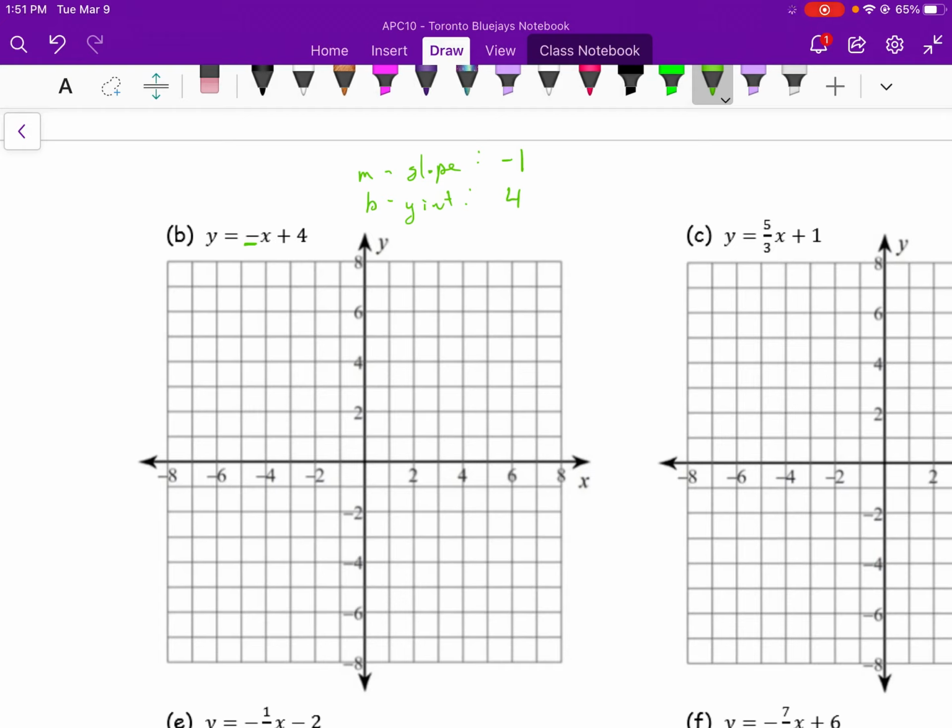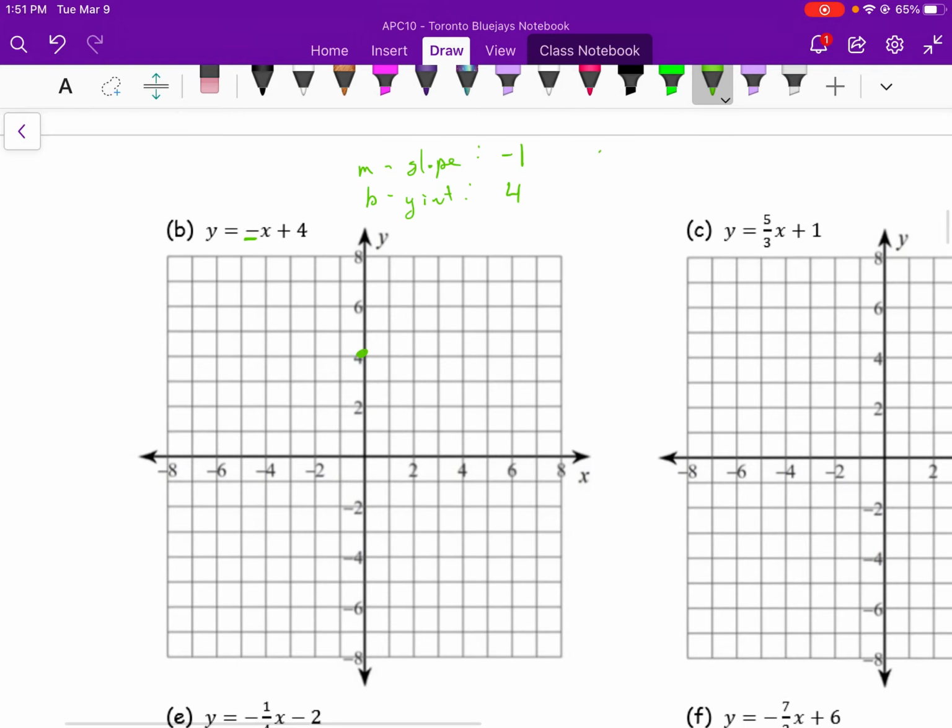So I'm going to graph my y-intercept, and that is 4. My slope is -1. So I have a vertical change of 1 over a horizontal change of +1. So it means that as I go left to right, I go down 1 unit in my y over 1 unit in my x.